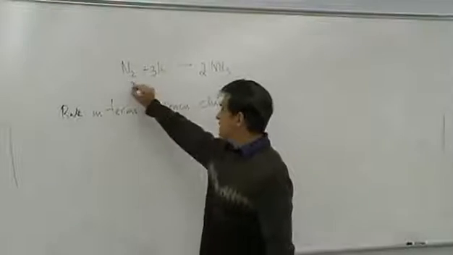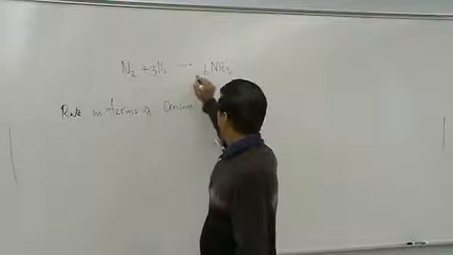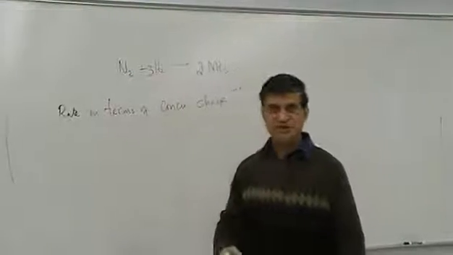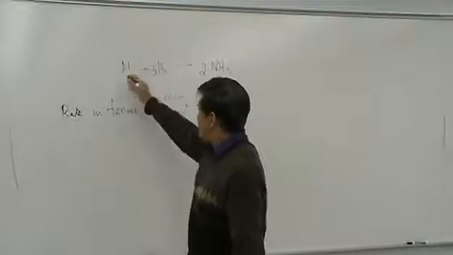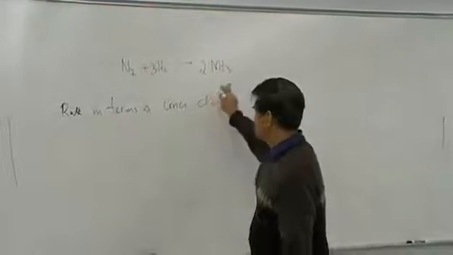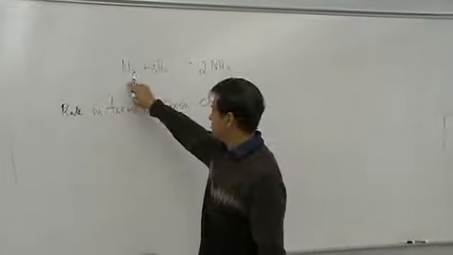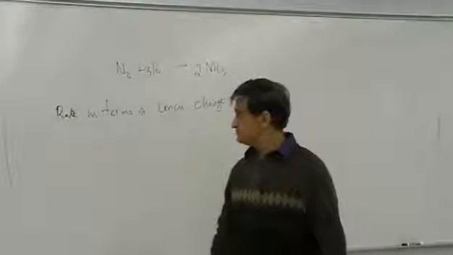In this case, how rapidly nitrogen is dissipating, hydrogen is dissipating, or how rapidly NH3 is being formed in the reaction. In any chemical reaction, reactants are used up and products are being formed. So that's why we use the word dissipation for reactant, formation for products.